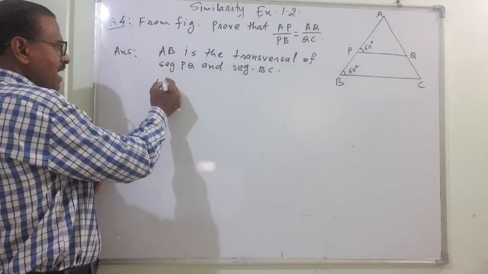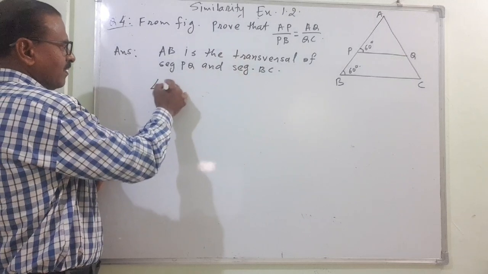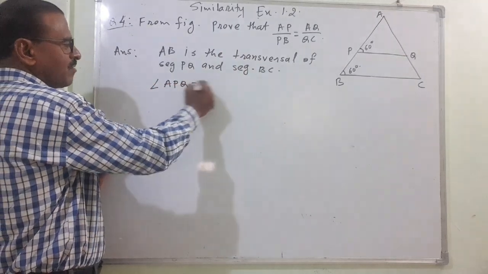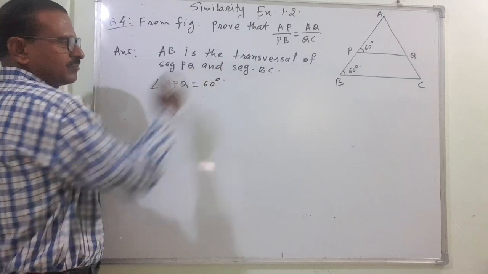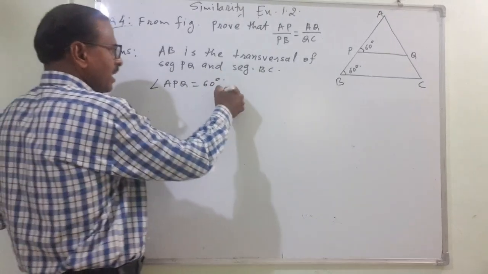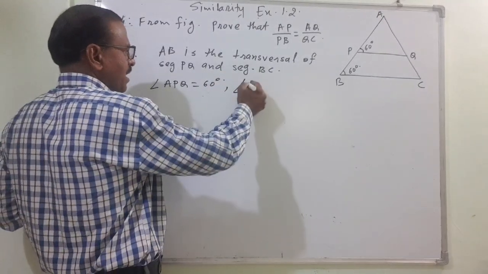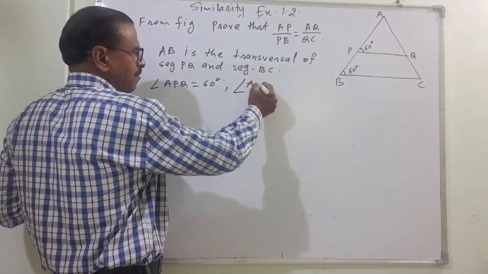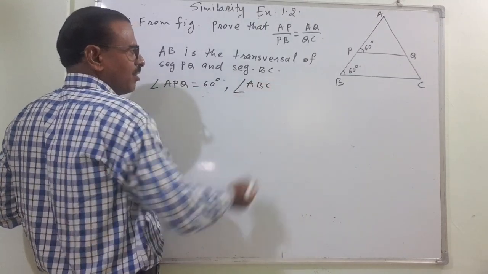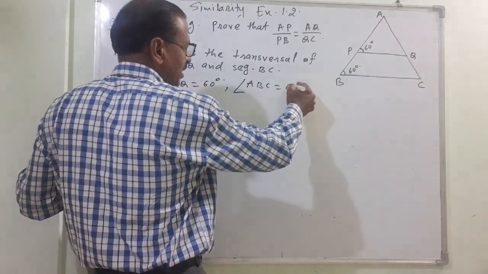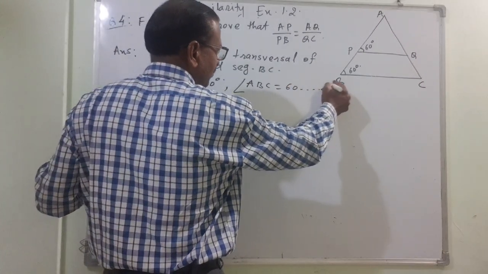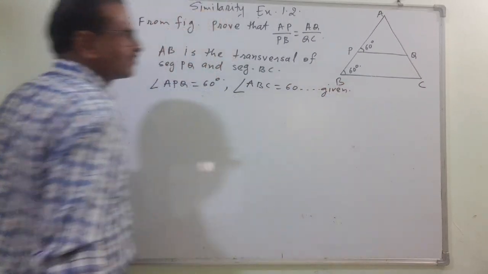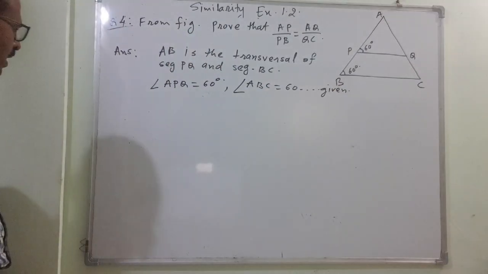Angle APQ is equal to 60 degrees. Angle ABC is equal to 60 degrees. All is given. Understood? Okay.